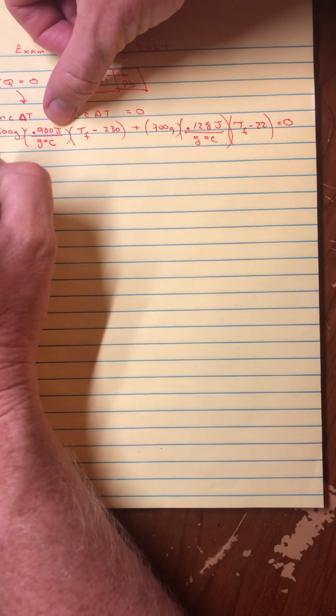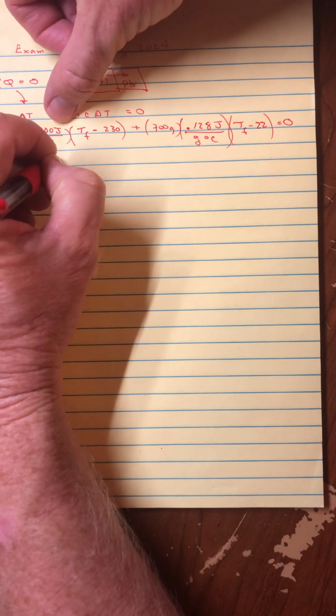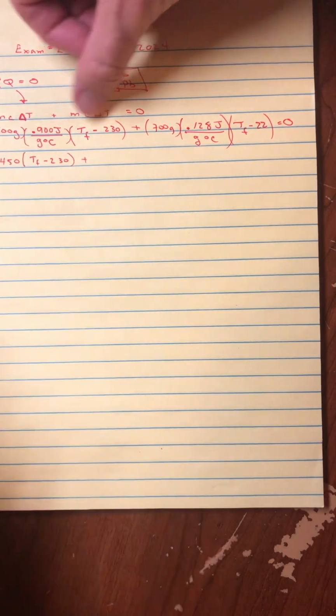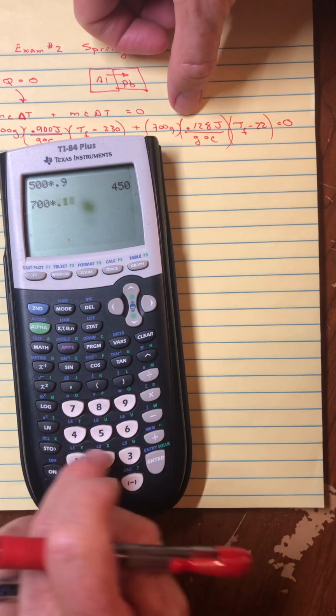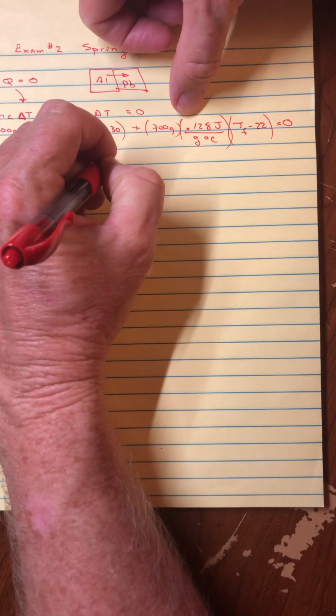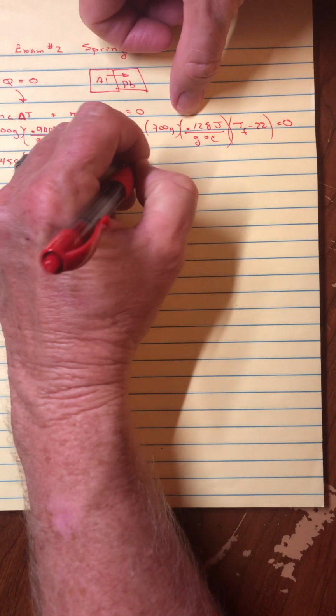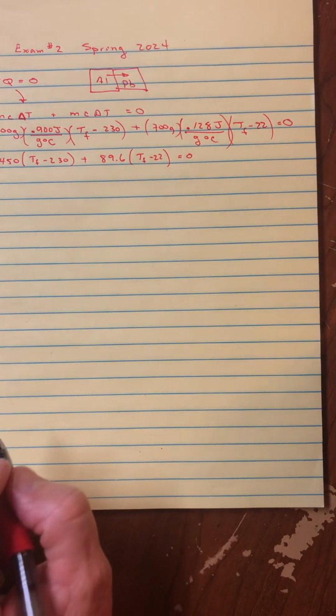That's 450, and I'll have final temperature minus 230 for that one. And then here I'll do 700 times 0.128, and that'll be 89.6. And again, final minus 22 equals 0.